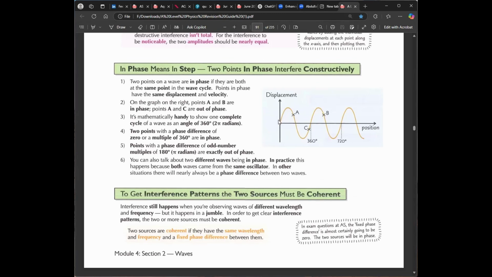So this will move down as the time passes by. How much the phase changes will depend on the frequency. So if the frequency is given, you can calculate how much the position changes for B.